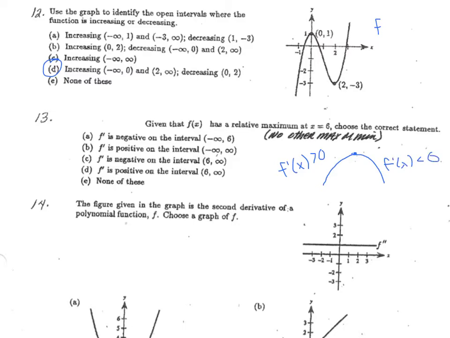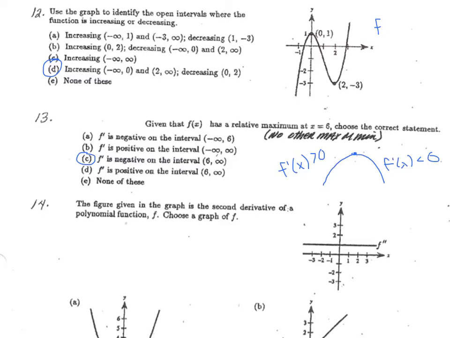So saying that f prime is negative between negative infinity and 6 would not be accurate. f prime cannot be positive from negative infinity to infinity, or else we would have no maxes or mins. f prime would have to be negative on the interval 6 to infinity. That looks correct. So choice C.